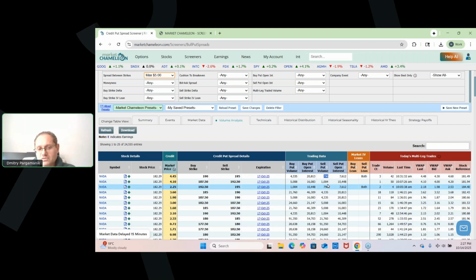But sometimes these spreads actually trade, right? So there are multi-leg trades where people might actually be trading these particular spreads, and that's over here.